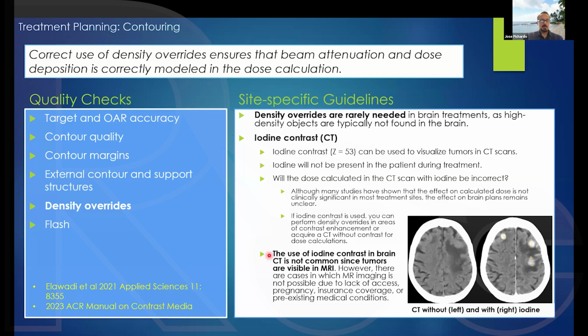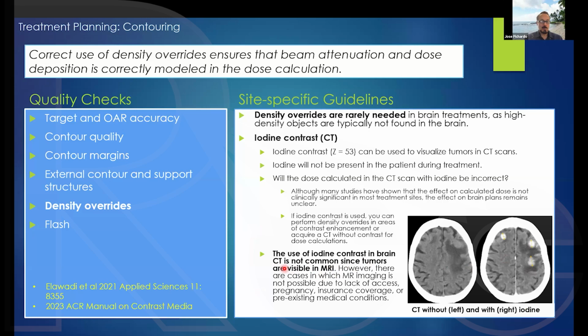All right. Now, typically, we don't use iodine contrast in brain cases because we're using MRI images, and you can see the tumor clearly in MRI. But although rare, you could have situations where you may actually have no MRI images, right? Why? Maybe because there's no MRI scanner nearby where you're treating your patient.